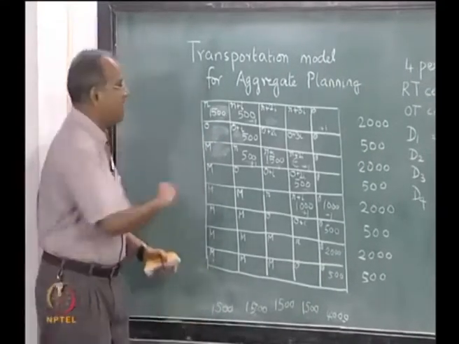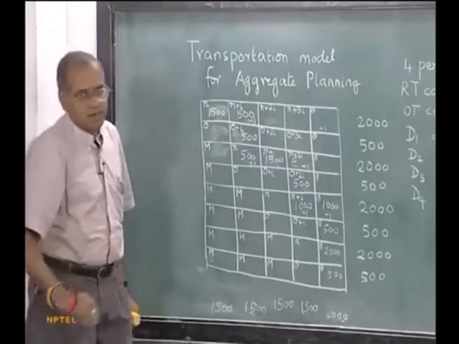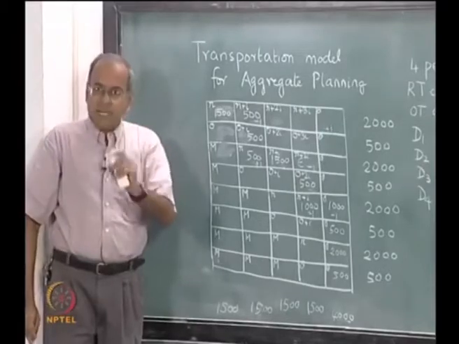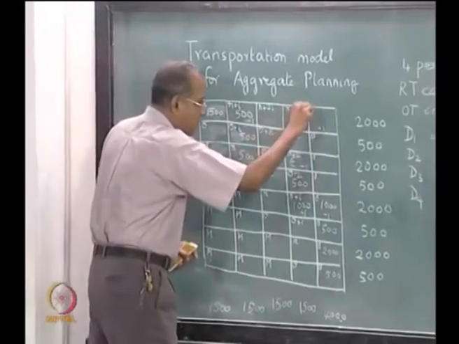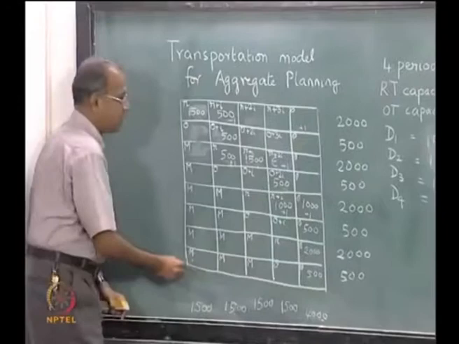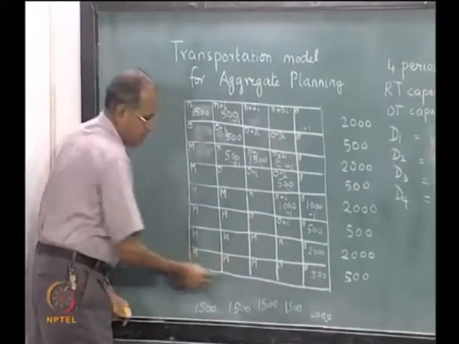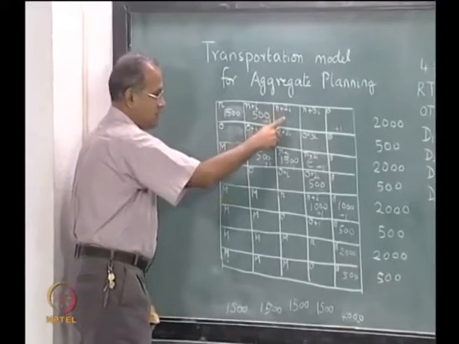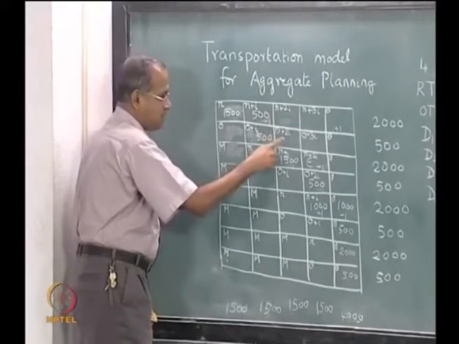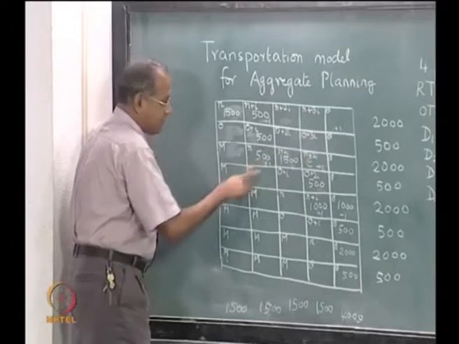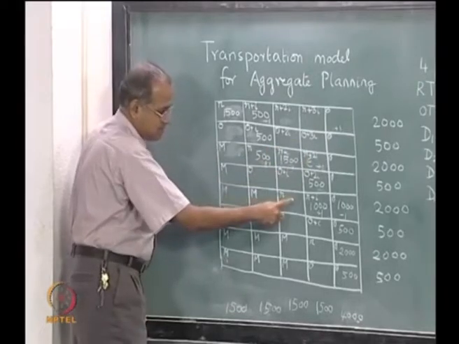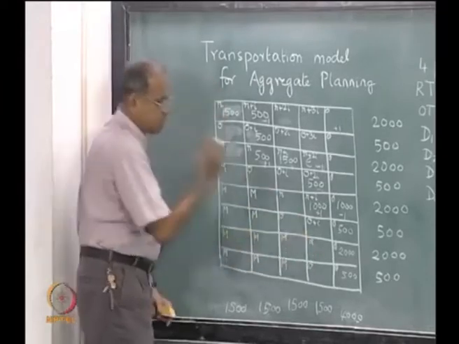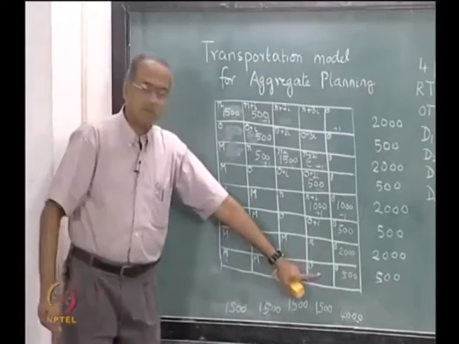So, when we apply the stepping stone method after applying the northwest corner rule, we understand that in all the possible non-dummy positions, for example this, this, this, this, this, this, this, this, this and this.